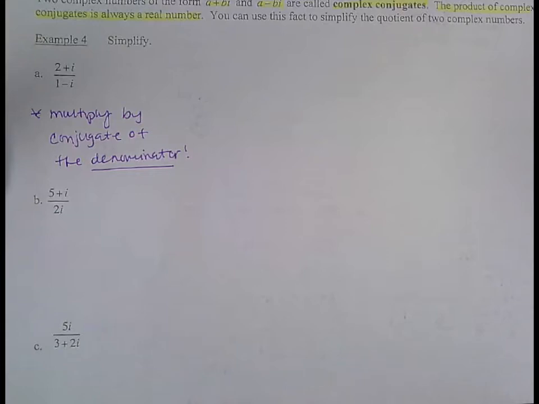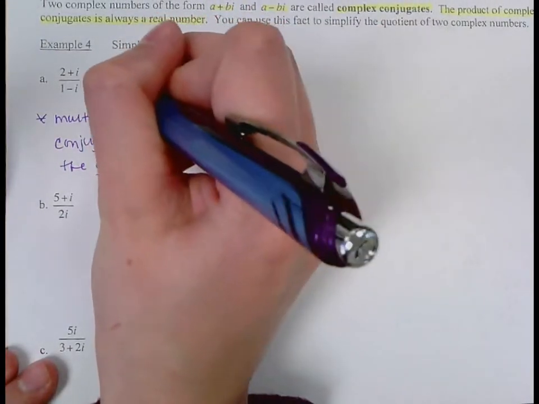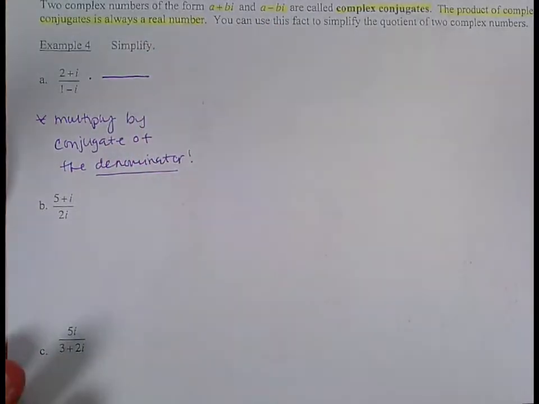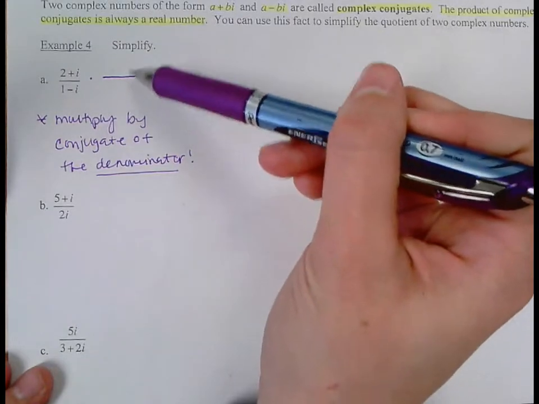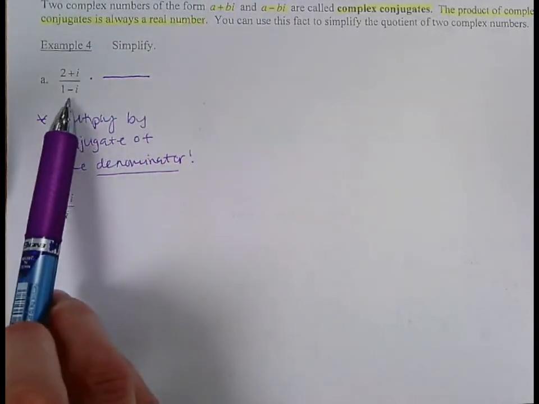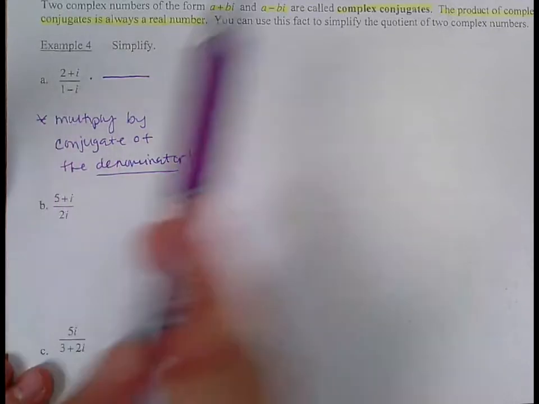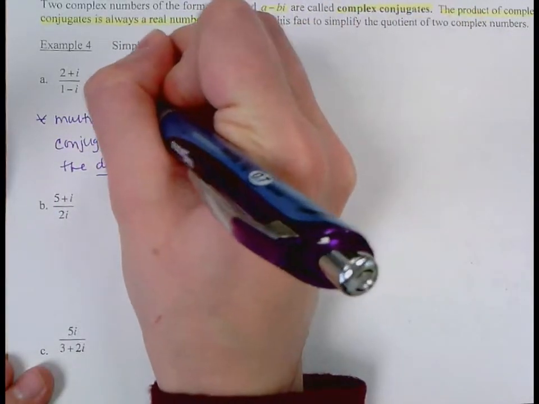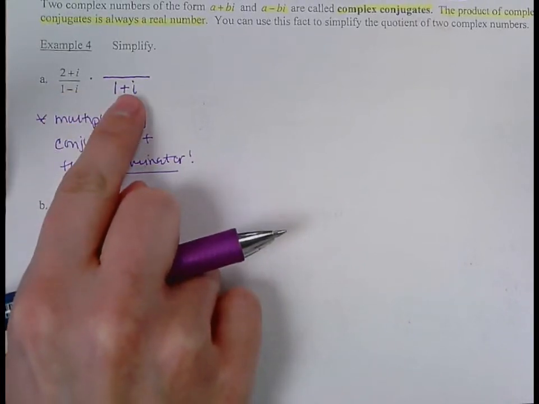So if we look at example A, I have an I in the denominator, so it's not simplified. And my final answer is still going to be a complex number in the form a plus b times I. So to simplify this, I first want to multiply both the top and the bottom by the conjugate of my denominator 1 minus I. The conjugate is going to be 1 plus I. So I just changed my subtraction sign to a plus sign.